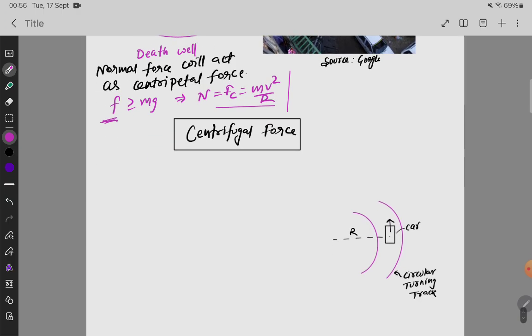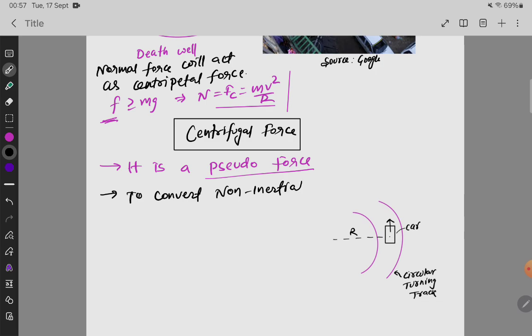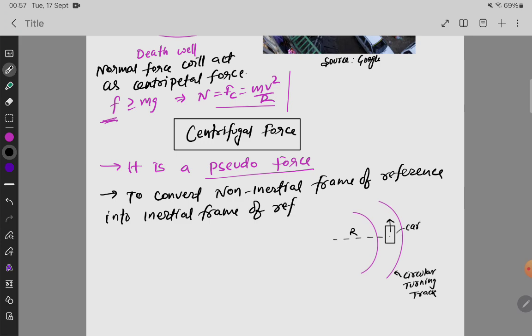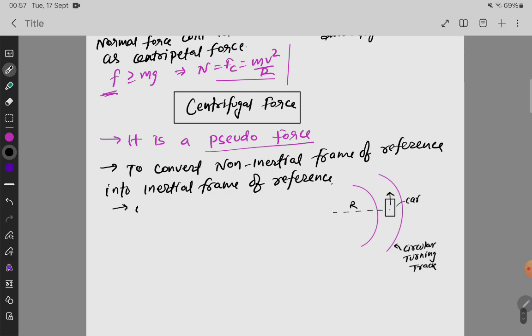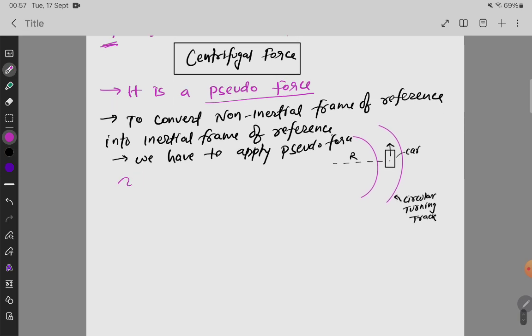Now the term is centrifugal force. So centrifugal force is a pseudo force. I hope you have an idea, right? So when I want to convert a non-inertial frame of reference into an inertial frame of reference, in this case we have to apply a pseudo force.